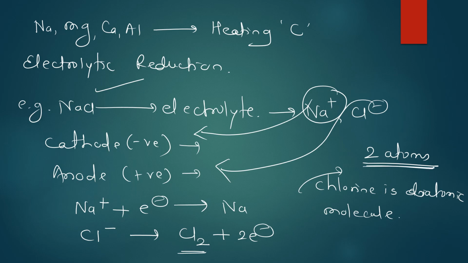It is a diatomic molecule, so that's why it becomes Cl2 here, and for balancing we are writing 2 here. Similarly, by using this electrolytic reduction, we can also obtain aluminium from aluminium oxide.